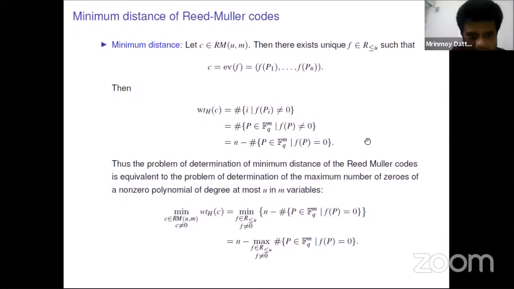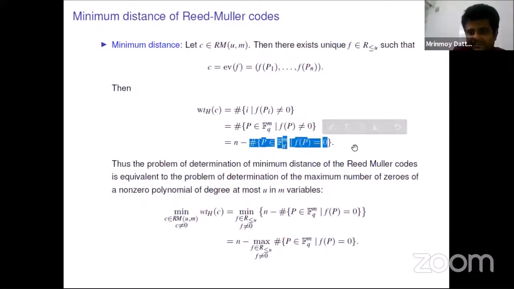Now just a remark here. If I want to compute the minimum weight, I have to compute the minimum of these quantities with c not equal to 0. So I have to compute the Hamming weight of all the non-zero code words, and then take the minimum. And if I take the minimum on the left hand side, then on the right hand side, in this cardinality, I have to take the maximum.